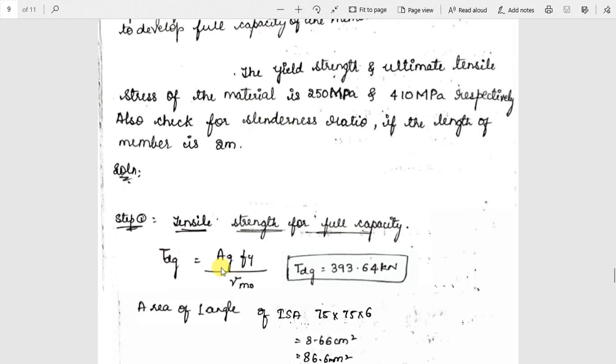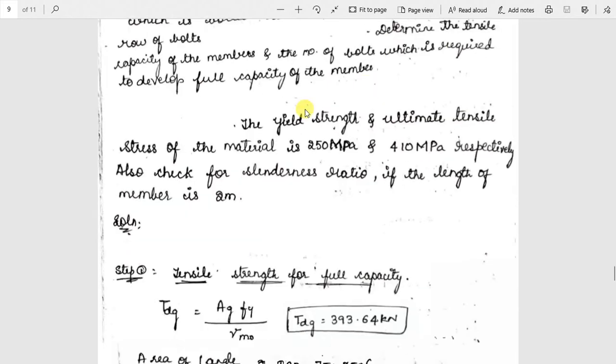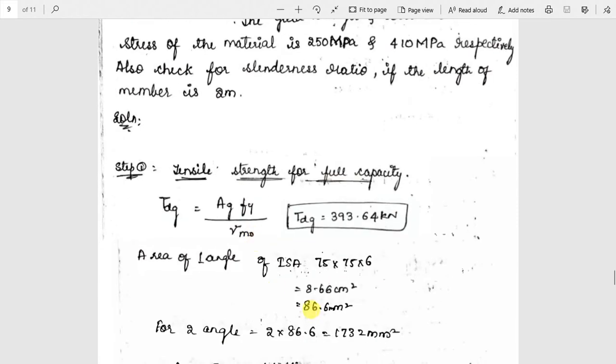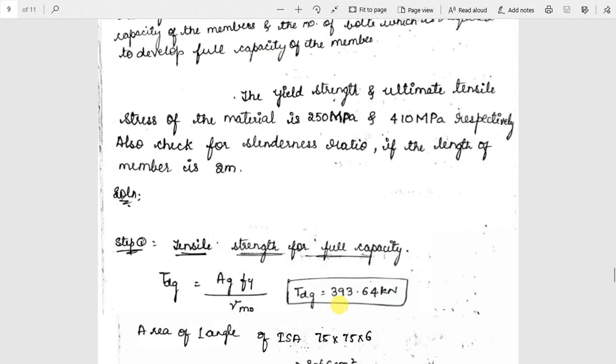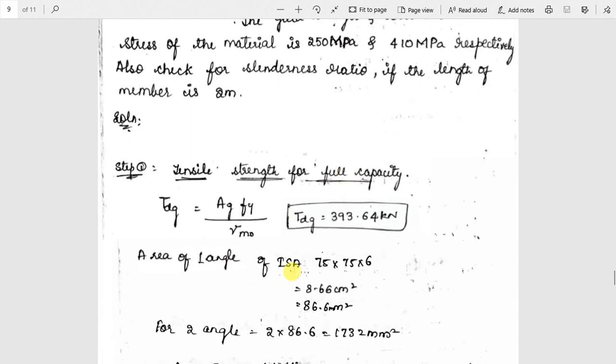AG is available now. The gross area for 75 by 6 mm should be taken from the steel table, and that will be equal to 86.6 mm square, and he is saying that you have to use two angles. So 8.66 centimeter square or 86.6 mm square is for one angle section.